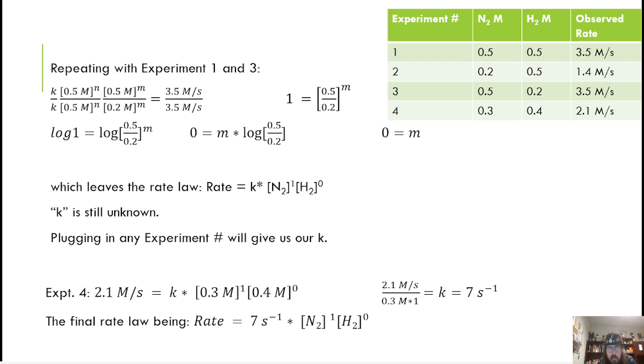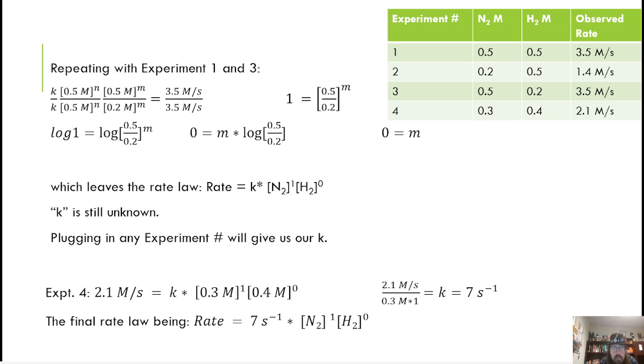Now, with this in mind, we have a generic rate law. Rate equals k times nitrogen to the first power and hydrogen to the 0th power. Now, in order to find k, all we have to do is plug in any one of our 4 experiments.